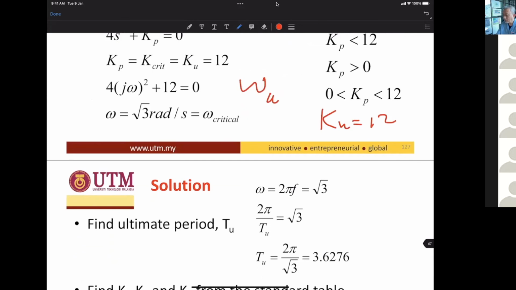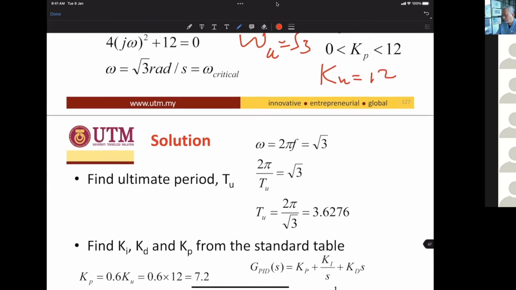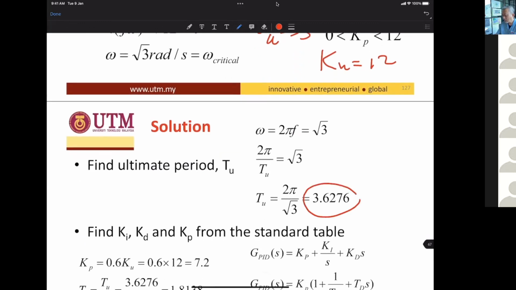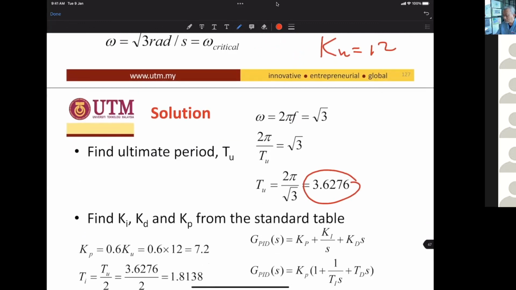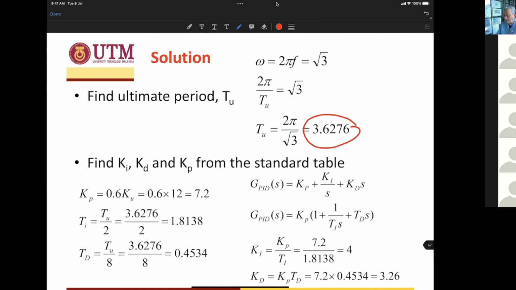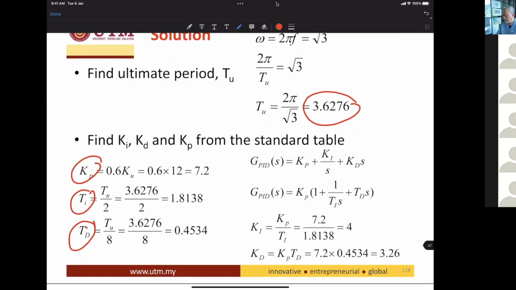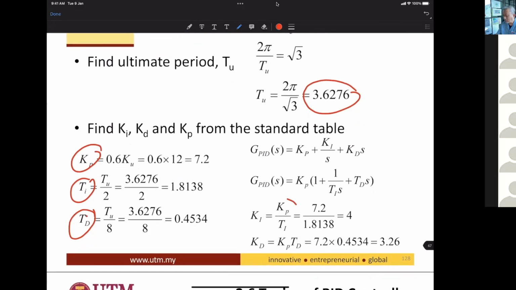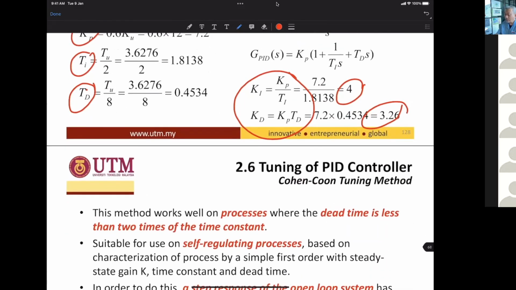Omega u is square root 3, so Tu is 3.6276, because you are going to use Tu inside the Ti and Td, and Kp as well. Kp and Ki are shown here. You get 4 and 3.26. So we stop here.